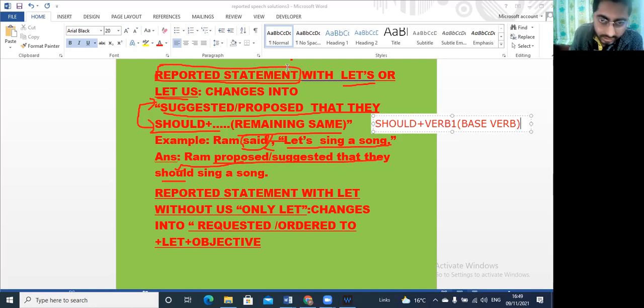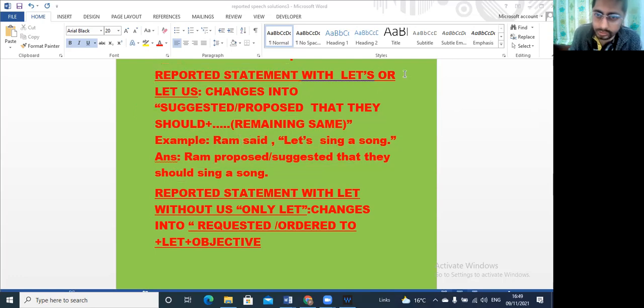So let me clear out my rough work over here. I have the habit of doing rough work. So, reported statement with let without us. Us is absent. No use of us. Reported statement with let without us.